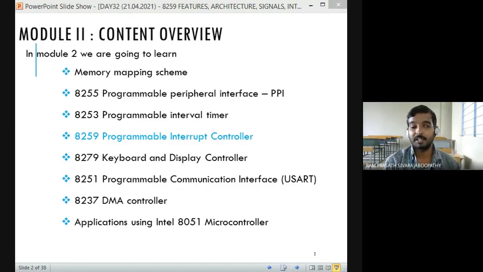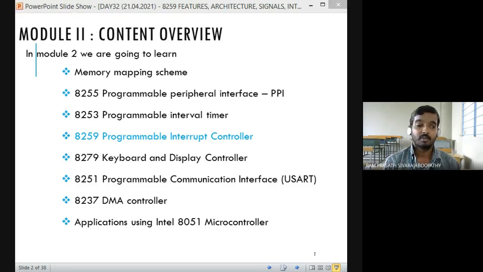It is a non-vectored interrupt. Why do we have such a provision? Using 8259 you can expand the number of interrupts handled by the 8085 microprocessor. By default, 8085 can handle up to 5 interrupts. If you interface this 8259 with the 8085 microprocessor, it can handle many interrupts.